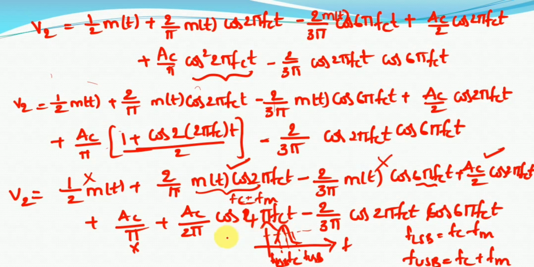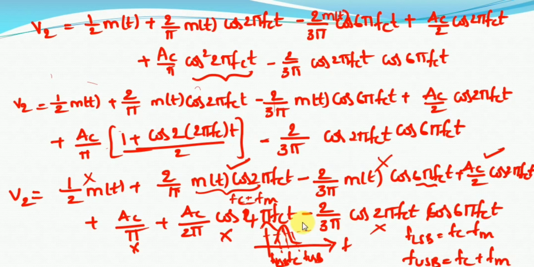This is also rejected by the band pass filter, and finally the last term is also rejected. Therefore the signals that are passed through the band pass filter are 2 by pi m of t cos 2 pi fct and AC by 2 cos 2 pi fct.